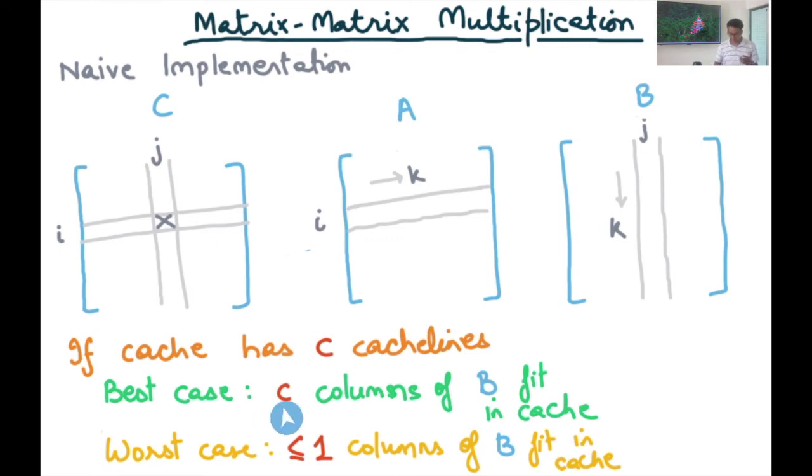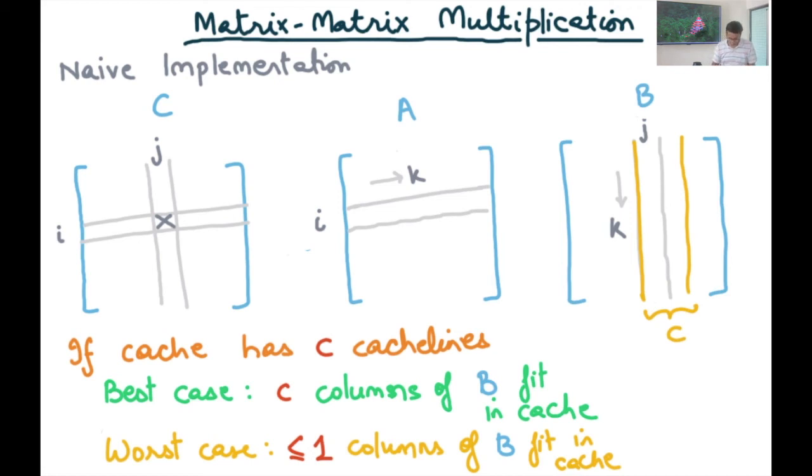However, there's a best case, and the best case here is that, let's say C columns of B fit in cache. Starting from this, the C columns here actually fit in cache, which means n should have been a very small number, because that means C into n fits in C cache lines. So the n is somehow smaller than the number of cache lines.